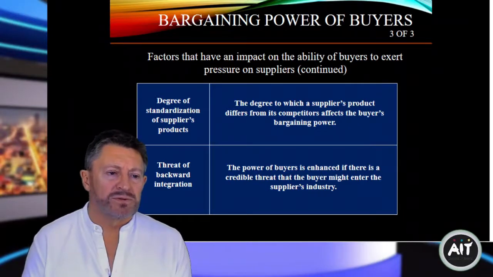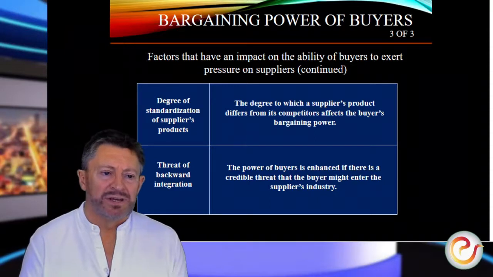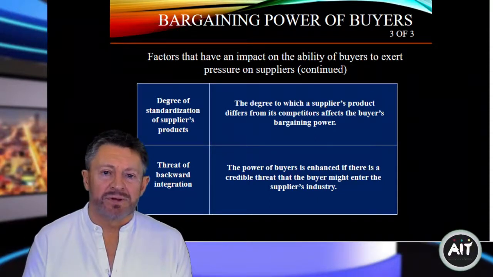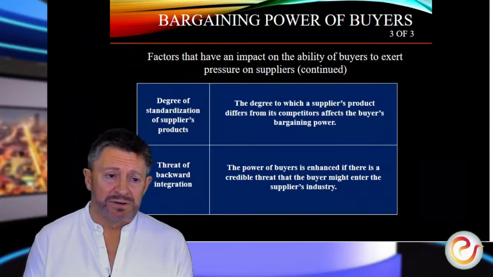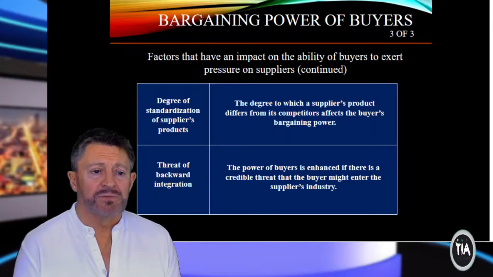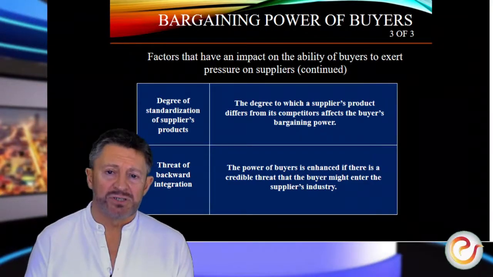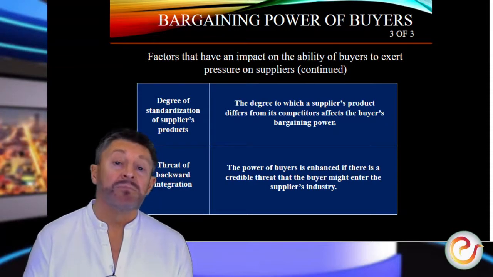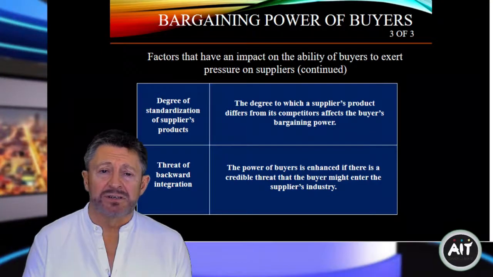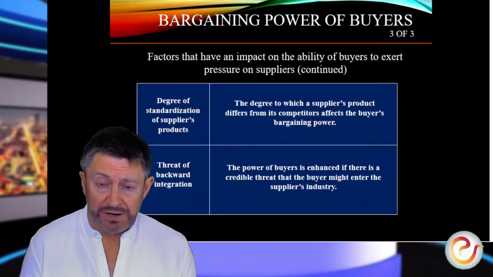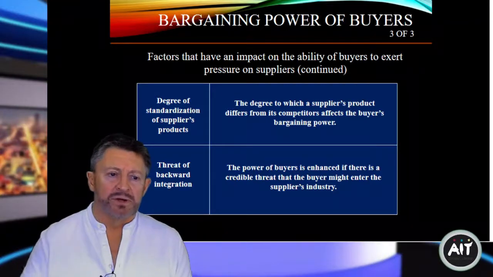So the threat of backward integration, so the power of buyers is enhanced if there is a credible threat that the buyer might enter the supplier's industry. So to guarantee your supplies, you might buy your supplier, and that's what they refer to here as the power of the buyer is enhanced if there's a credible threat. So if they believe that there is more competition coming into the market, they might actually backwards integrate by buying the supplier such that they can guarantee the supply into their own manufacturing plants and keep the continuity and so on.